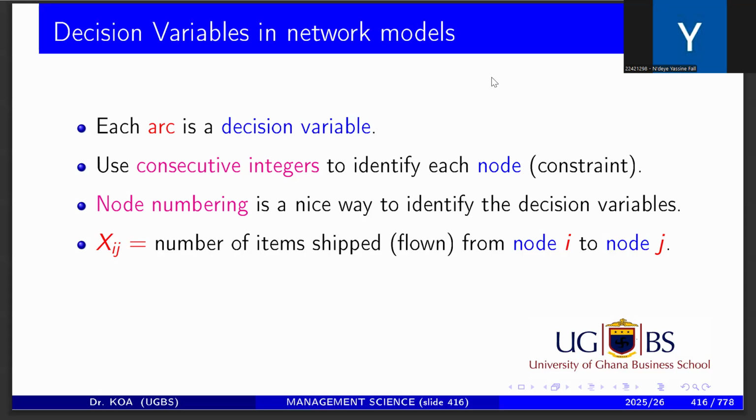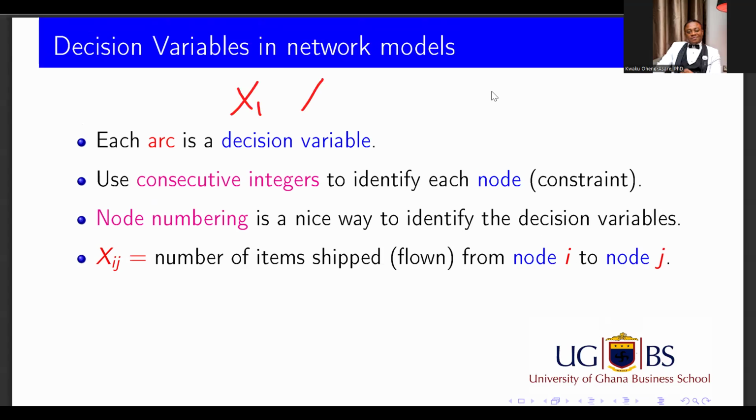I said that a decision variable is not really the number of things you are producing as in normal linear programming. In normal linear programming, you have x1, x2, x3, because there is no connection between the items. But in a network model, it is x12, x13, x21, and so forth.